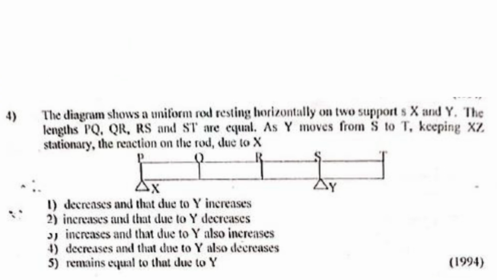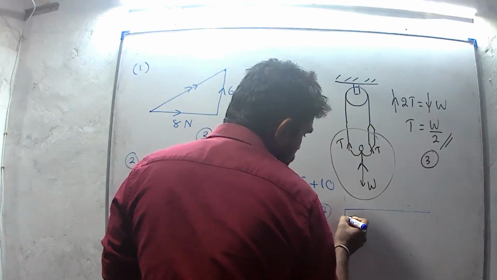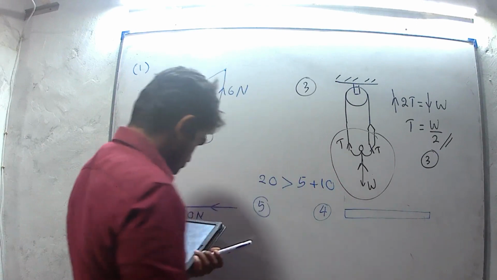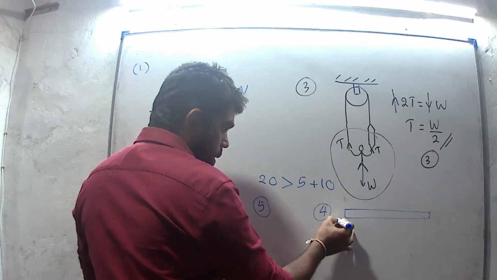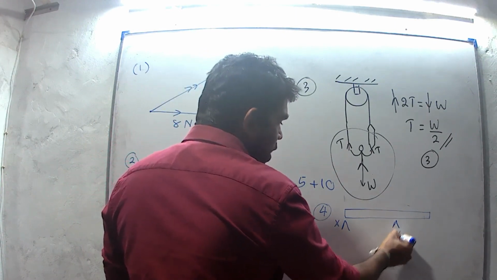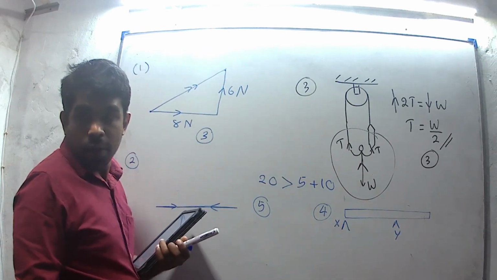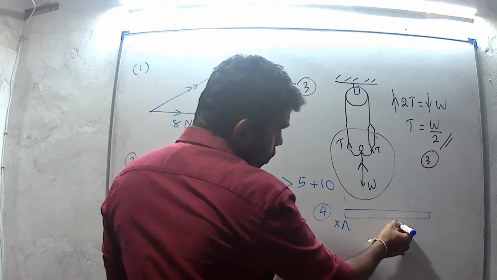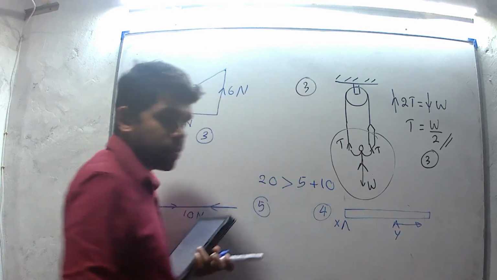As Y moves from S to T, keeping X stationary, the reaction on the rod due to X. There is a rod like this. Support X is at this place and Y is at this place. We have to move Y to the right hand direction.